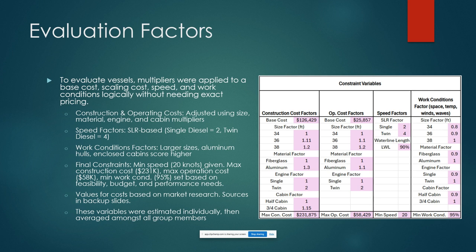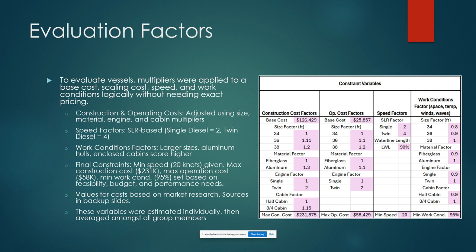The construction and operating costs were adjusted using the size, material type, engine numbers, and cabin multipliers. The speed factors were based on an SLR-based single diesel being a 2 and twin diesel being a 4. We found an equation online that allowed us to estimate the maximum speed for the different vessel sizes.